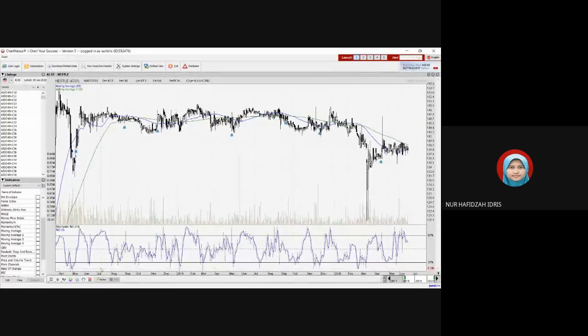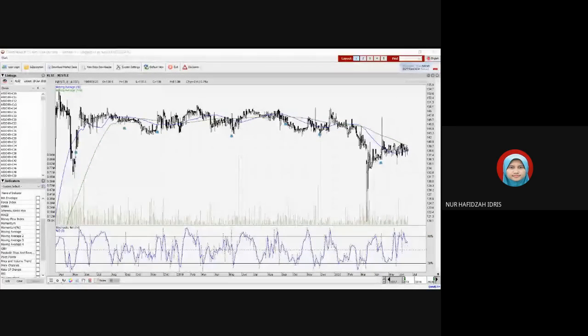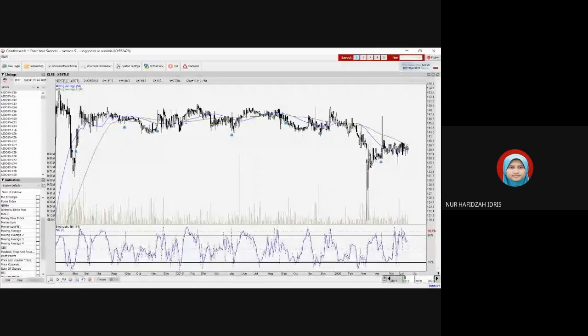Okay, so for the crossing, we want to look at the cross between percentage K and percentage D. So when the K crosses below D, it is the indicator of selling.